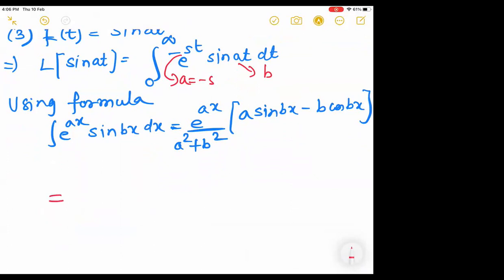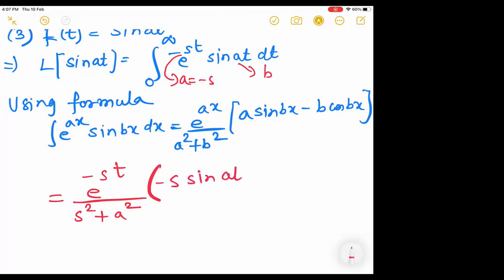So we'll get the answer as e raised to minus st upon the denominator s square plus a square into bracket minus s into sine of at, minus a into cos of at, and in that we put the limits 0 to infinity.